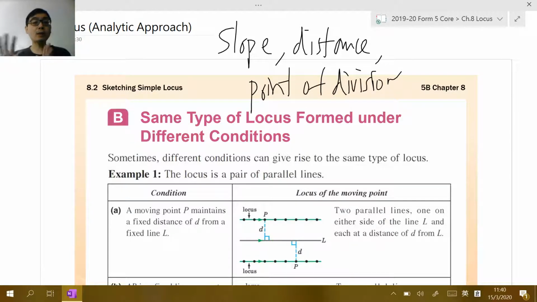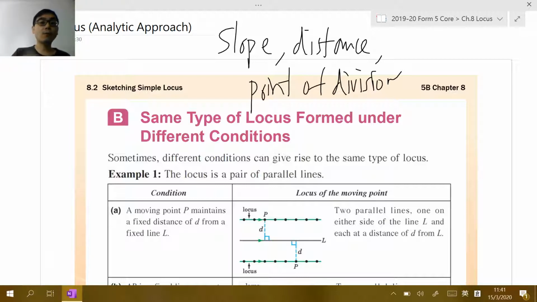But actually I would like to say this one is easier than the deductive approach, because you don't need to write so many things, or the figures. What you can solve using the coordinate plane would be much easier than what you have to draw.